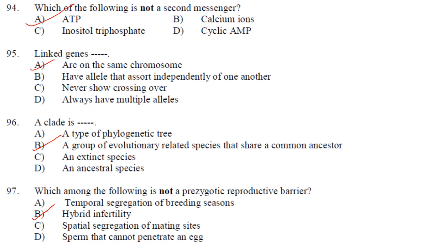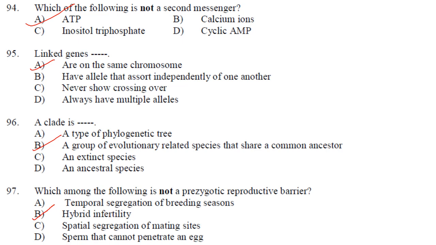Then a post-zygotic barrier is a mechanism that blocks reproduction after fertilization and zygote formation. So it is after the zygote formation only that a post-zygotic barrier happens. Before zygote formation, before fertilization, preventing fertilization is a pre-zygotic reproductive barrier.